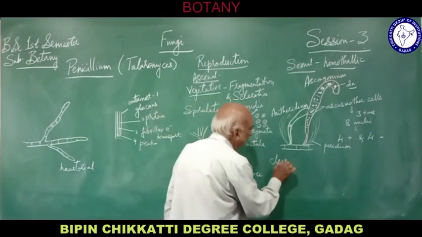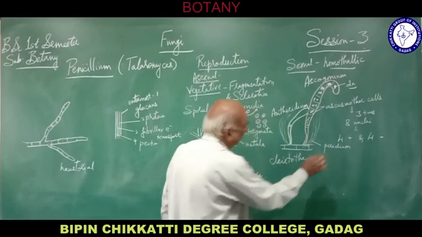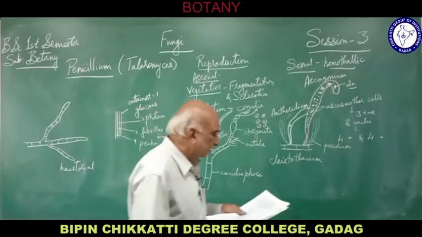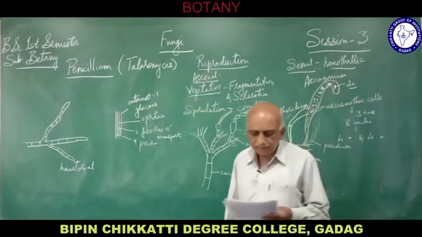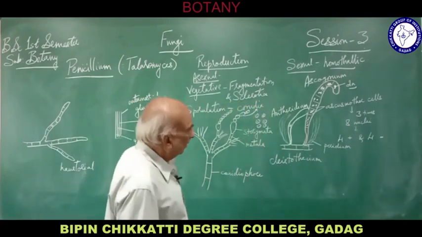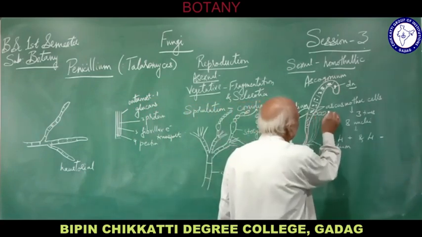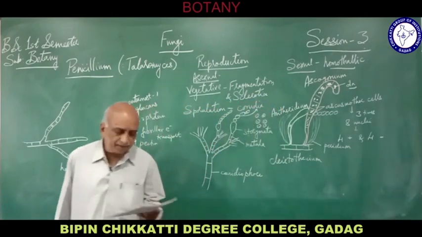So sometimes this is referred to as the cleistothecium. The asci which are formed inside are formed in chains within the ascocarp, from each ascus mother cell.